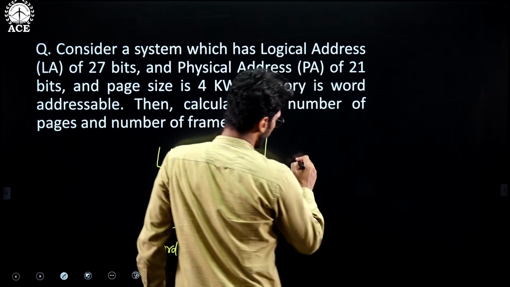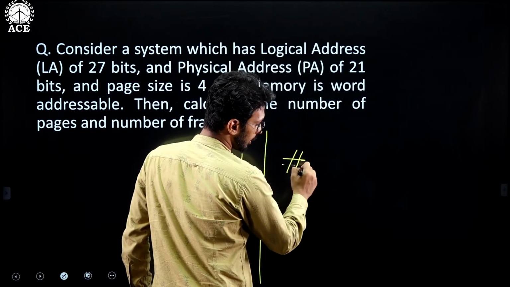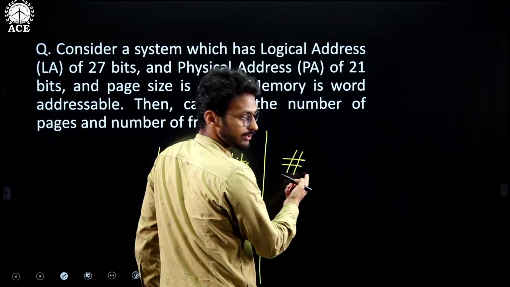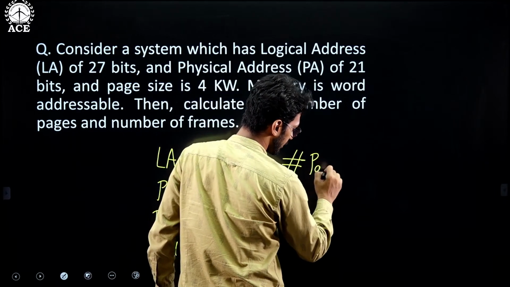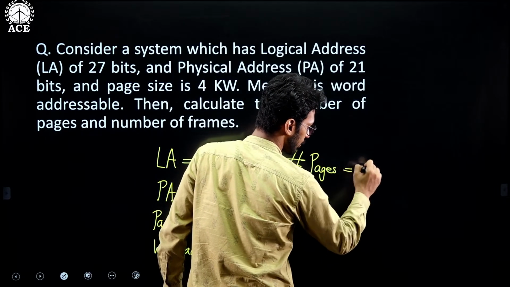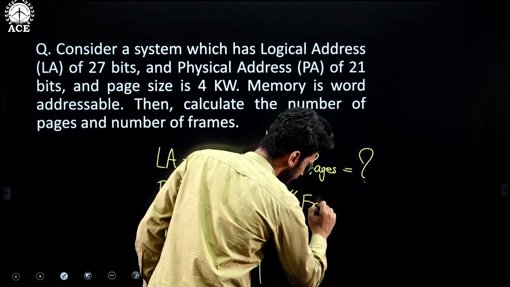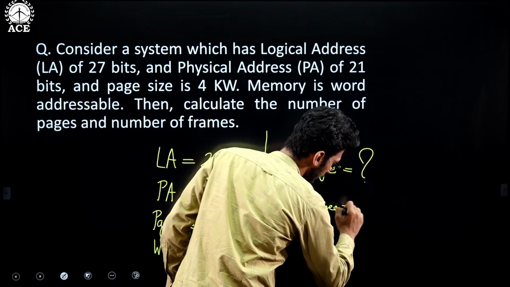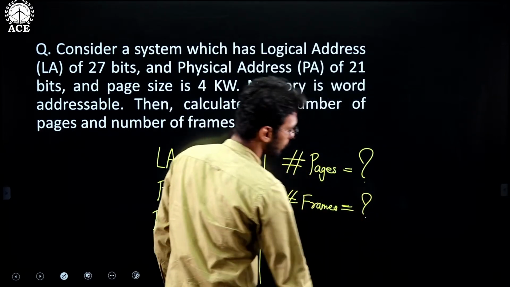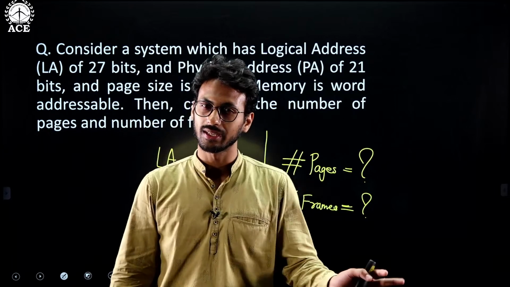What we need to do? Number of pages, sometimes the hashtag symbol is used to represent number of pages, equals question mark. Next, number of frames equals question mark. This is what we need to calculate. Let's calculate it. Very easy.